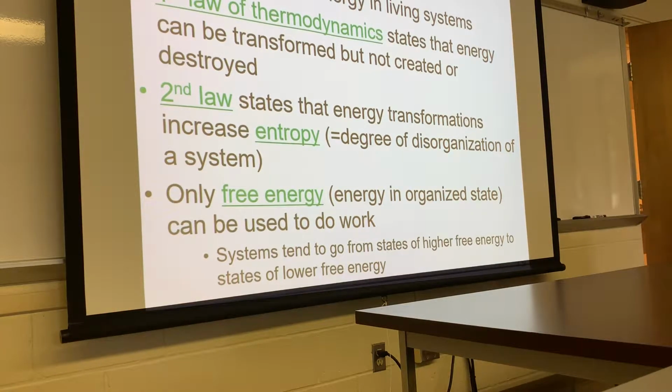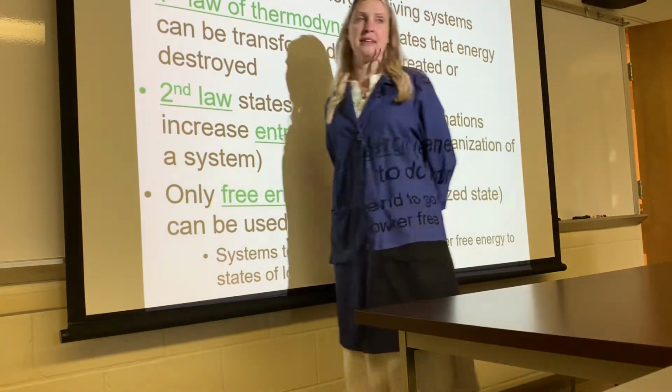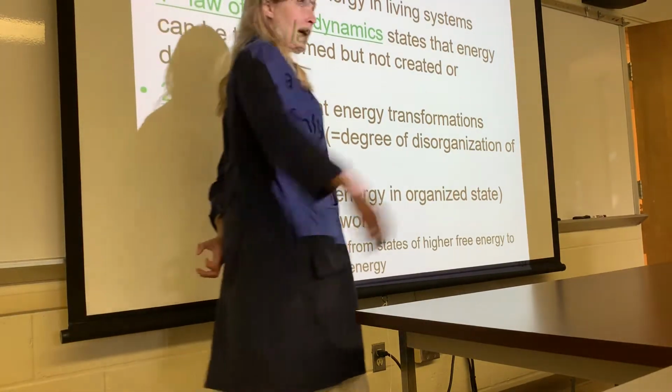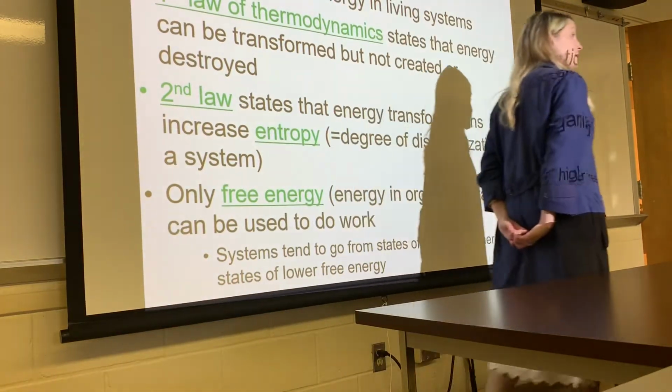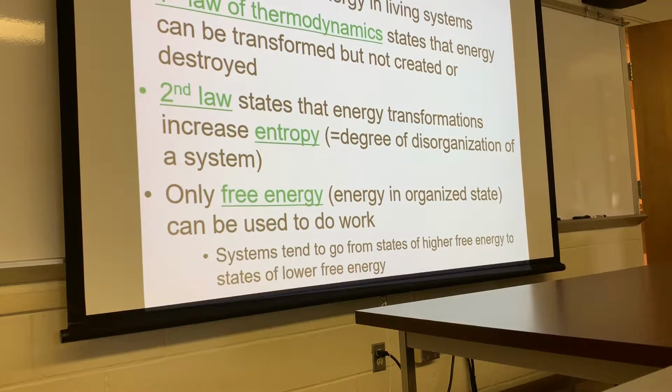The first law of thermodynamics states that energy can neither be created nor destroyed, but we can transform it into different types. So a good example of this is we have the sun outside and we have the leaves on the trees. The sun is light energy.